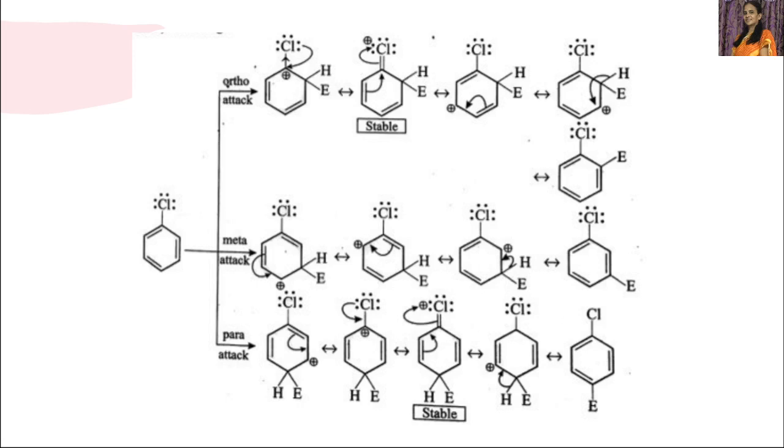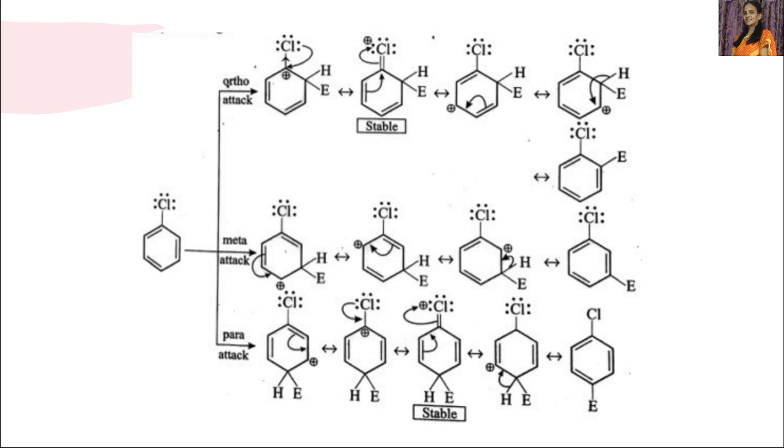Okay, then what happened? Either this or this, no problem. In the other structure, positive charge here. So a positive charge, then what happens? The positive charge is delocalized with the help of the remaining two pi bonds. Then we get these different structures.